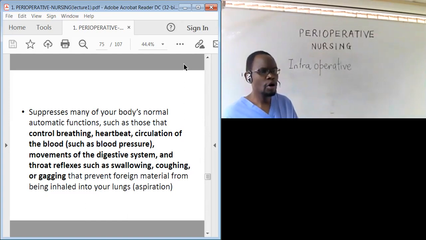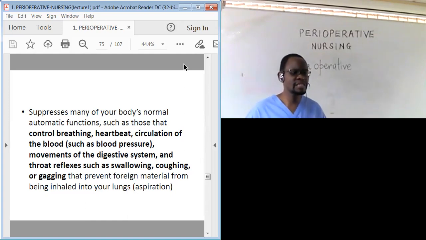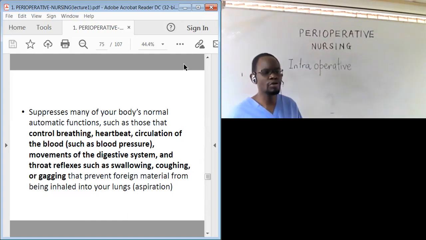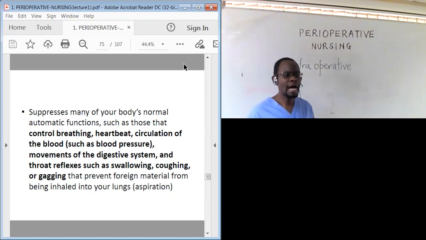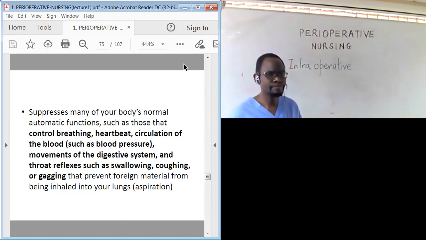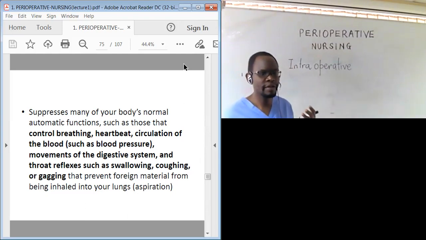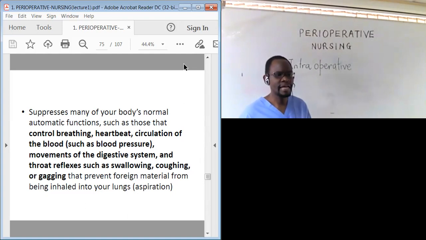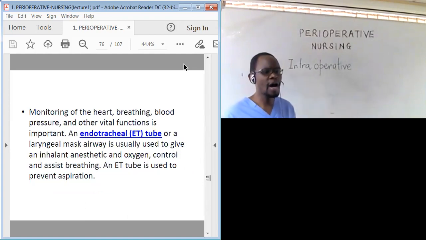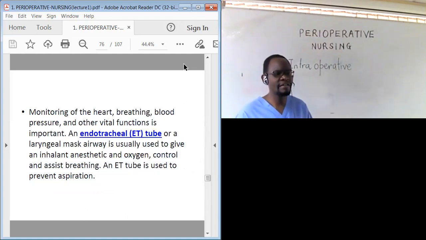Movements of the digestive system and reflexes are also basically suppressed by the general anesthesia. So monitoring of the heart, breathing, blood pressure, and other vital functions is very important.